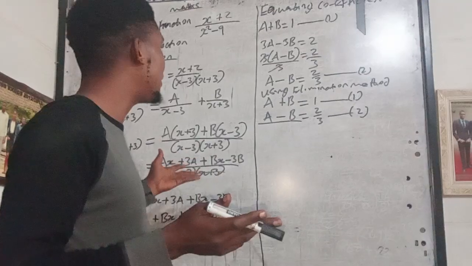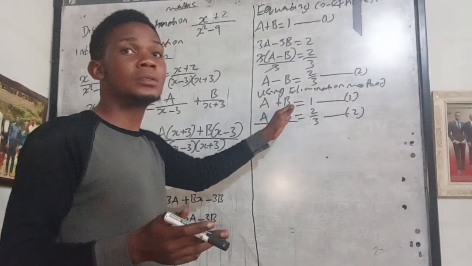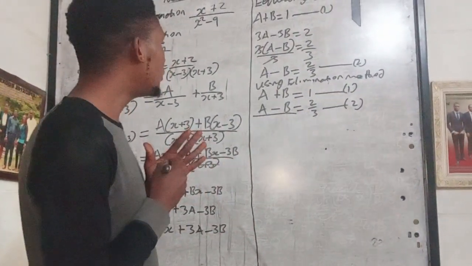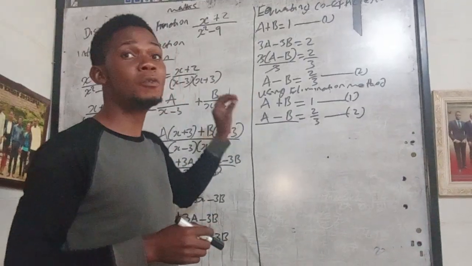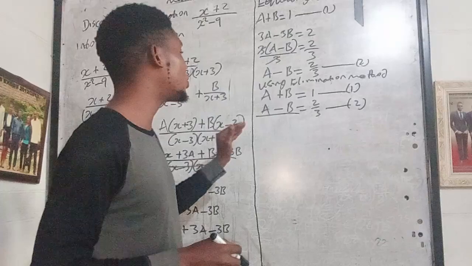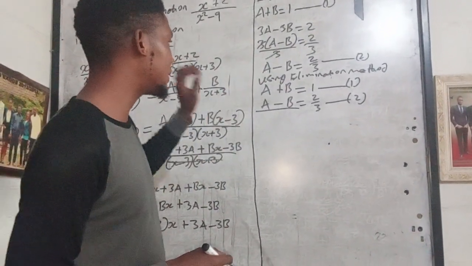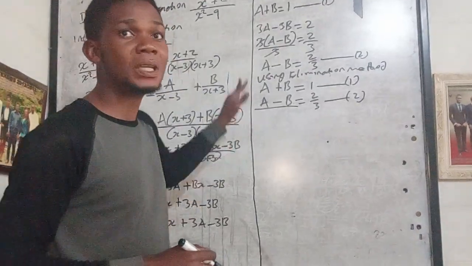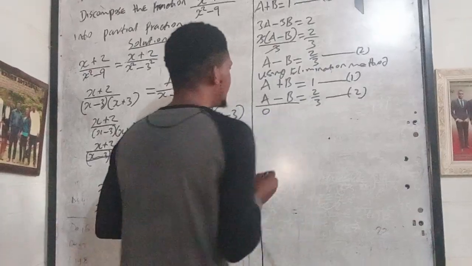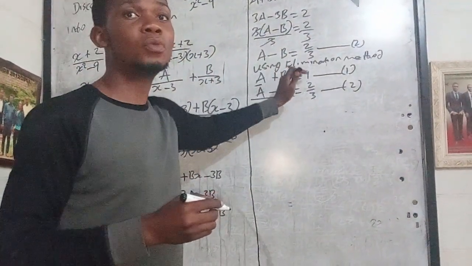But in this case, everybody normally eliminates the first. For me to eliminate a, the coefficients of a in equation 1 must be equal to the coefficients of a in equation 2. And if you look at this, their coefficients are equal, so we can eliminate a. This will now be a minus a will give 0, because we have subtracted equation 2 from equation 1.